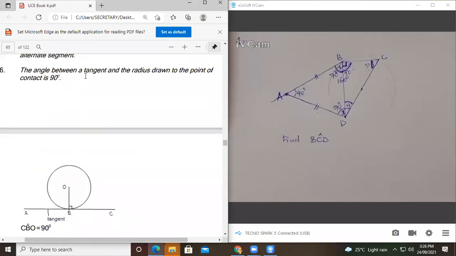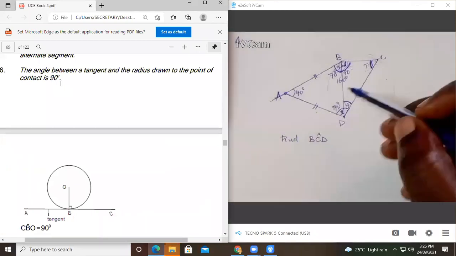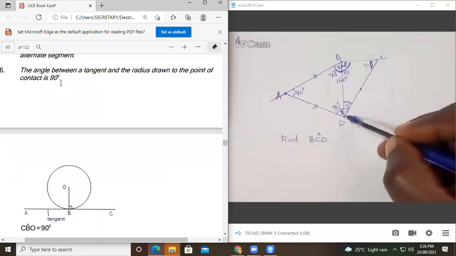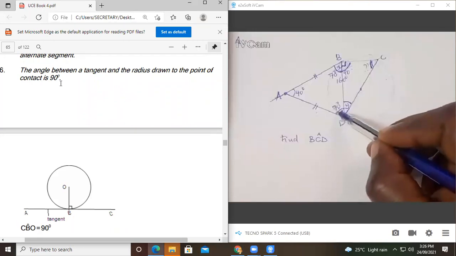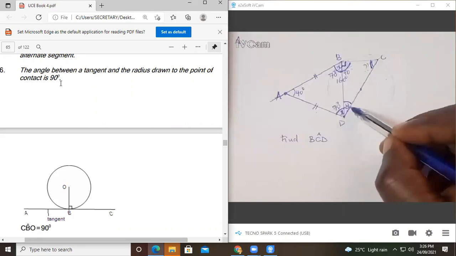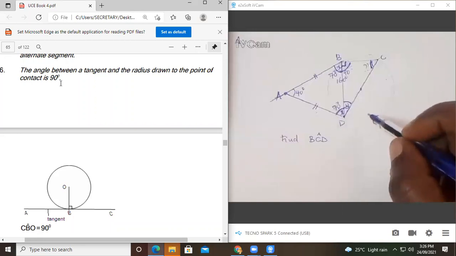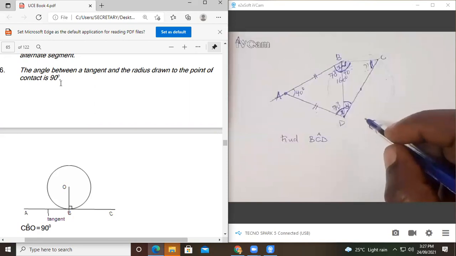The angle between the tangent and the radius joined to the point of contact is 90 degrees. So what is this line from here up to here? Radius. So which angle is here? 90 degrees. Now you have remembered, eh?